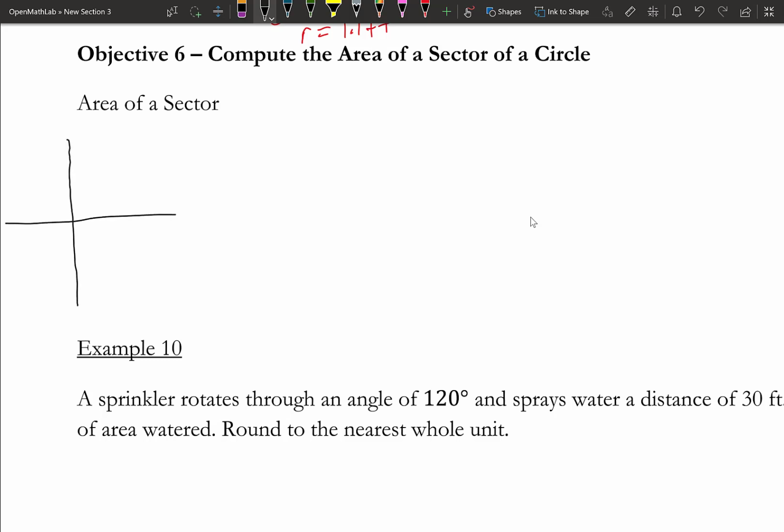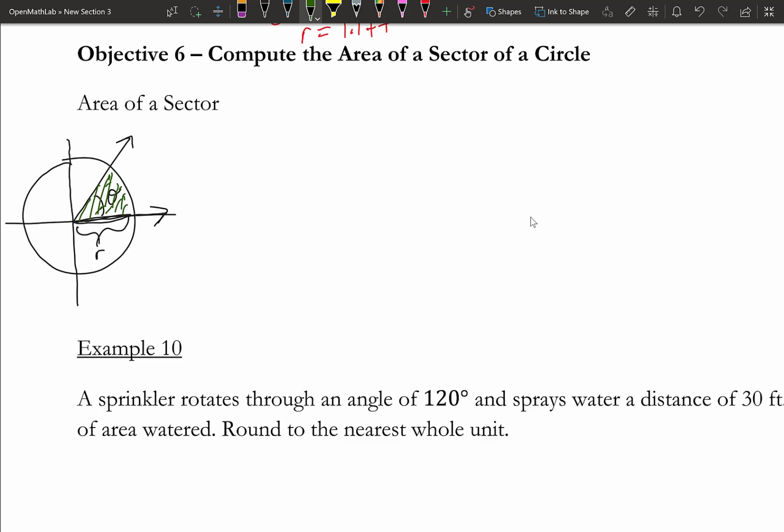If we have a circle, and let's say this is my initial side, and here's my terminal side, and this is theta degrees, and this of course would be r, my radius. What I'm trying to figure out is the area of this slice of pizza, or slice of the circle.